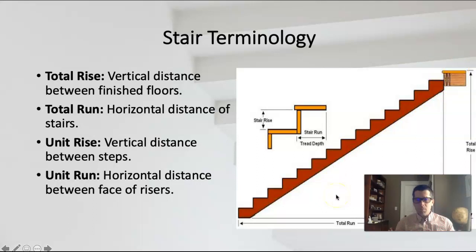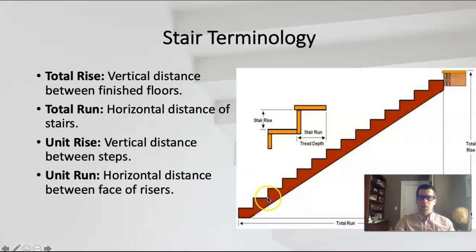Okay. The total run is the horizontal distance of the stairs. So how much room horizontally, how far into a room those stairs are going to project, that's what we're talking about when we say the total run. When we talk about the unit rise, that is the height of one step. When we talk about the unit run, that is the depth of one step.